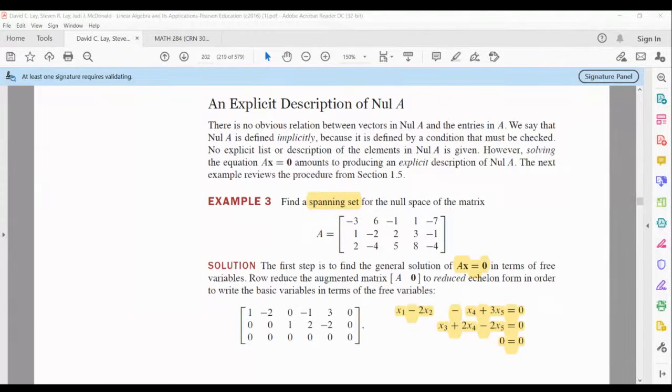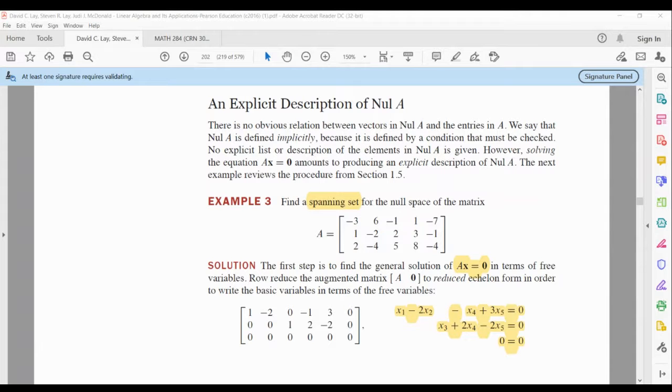Haley thinks 3 vectors are needed to generate this null space, and Benjamin agrees. The key is we have to express the solution vector in parametric form.